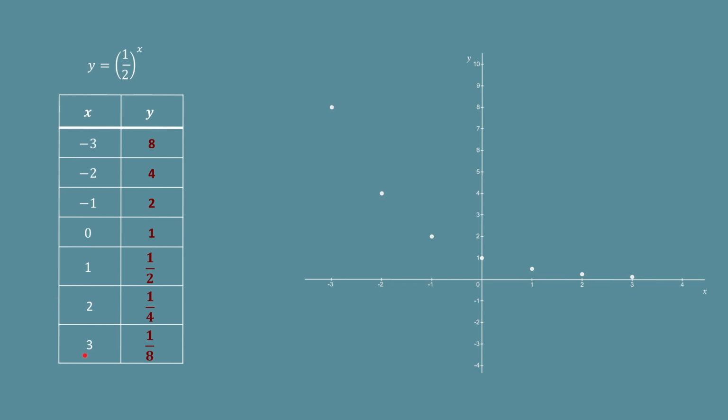In this case, you see the same table with the same y values that we just computed. Then each of these is a point on the grid, and you can see those points right here. And we can already pretty much determine the shape of this graph.